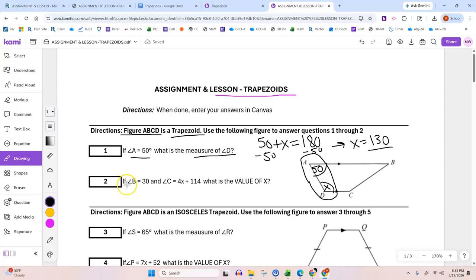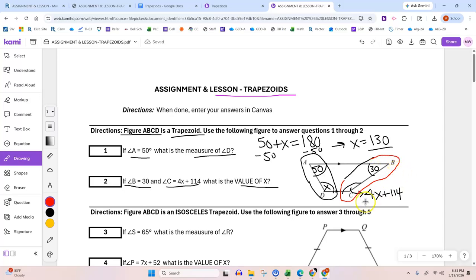It then says angle B is 30. So now we can mark this one in over here. So this is 30. Okay, angle C, this one over here, is 4x plus 114. What is the value of X? Well, again, we know that these two right here are equal to 180.